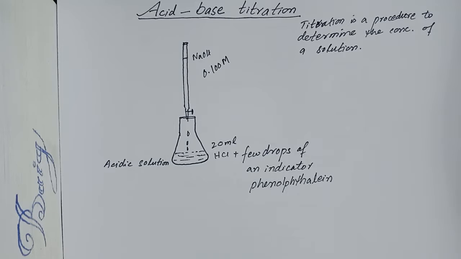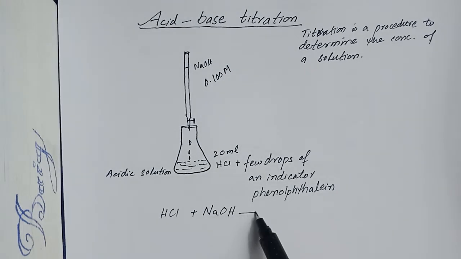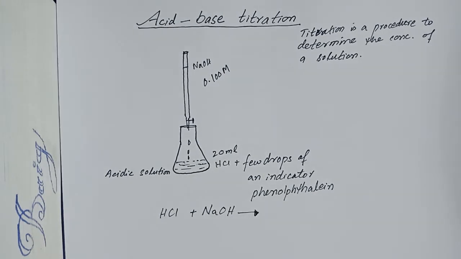In this way we are doing an acid-base reaction in which HCl is neutralized by a base, that is sodium hydroxide, the standard base, to produce sodium chloride and water.